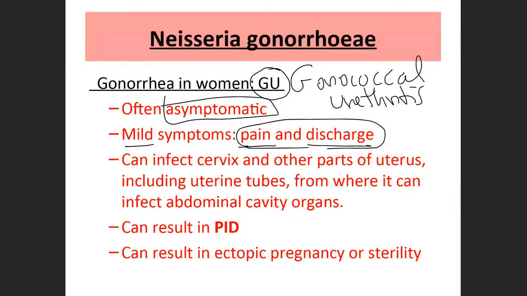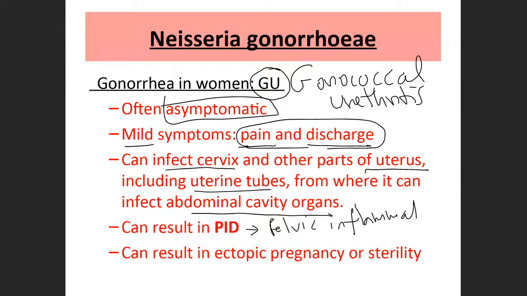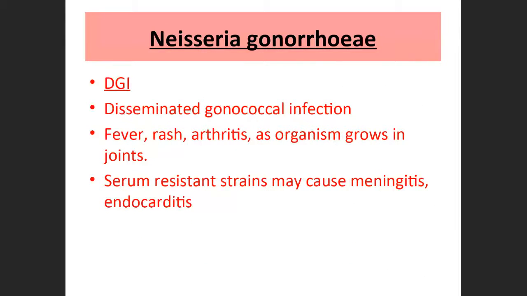It may infect the cervix, advance to the uterus, go to the uterine tubes, and from there it could go into the abdominal cavity. It can cause pelvic inflammatory disease, or PID. It can cause ectopic pregnancies or sterility due to scar tissue.